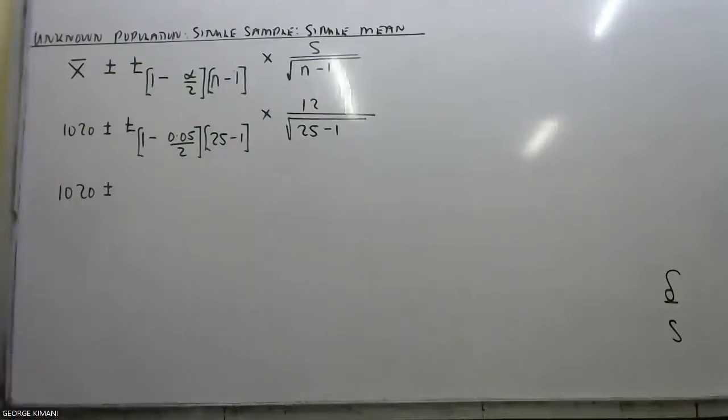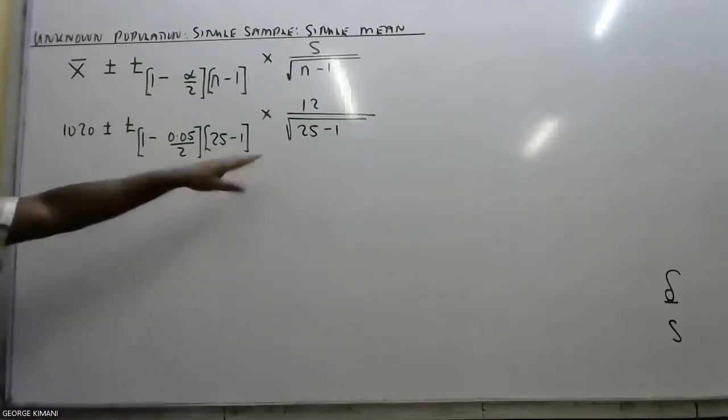Oh, this one, you go to the T tables. When you go to the T tables, you go inside. You look for where it's written two-tail confidence. Look on your right hand side. Two-tail confidence. You can see that, right? Now move to the left.